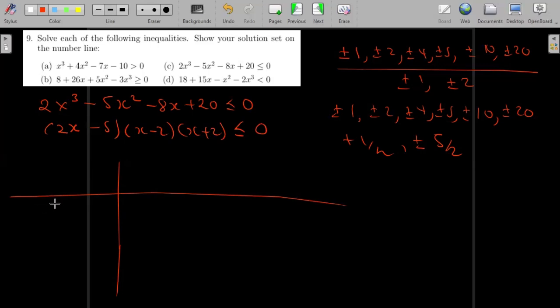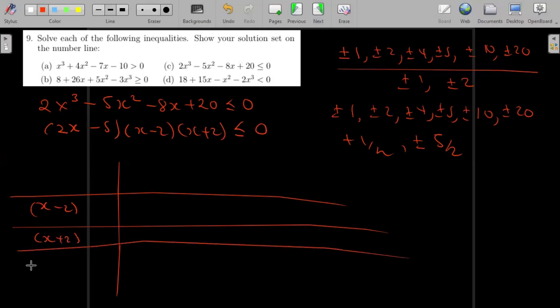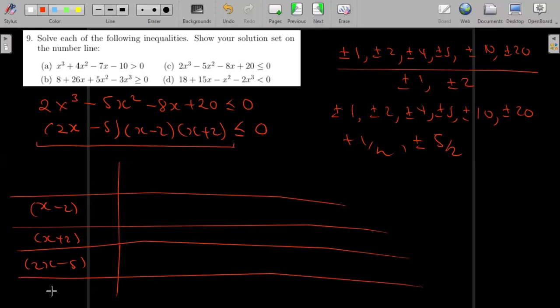Here in the first one, you can put those linear factors: x minus 2, the next one is x plus 2, then 2x minus 5. I already have my critical values.